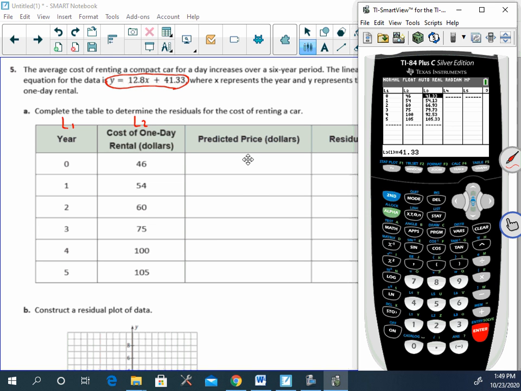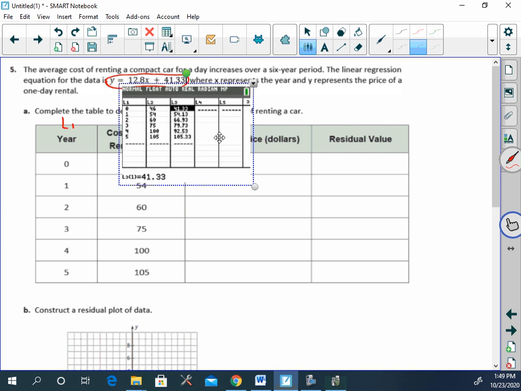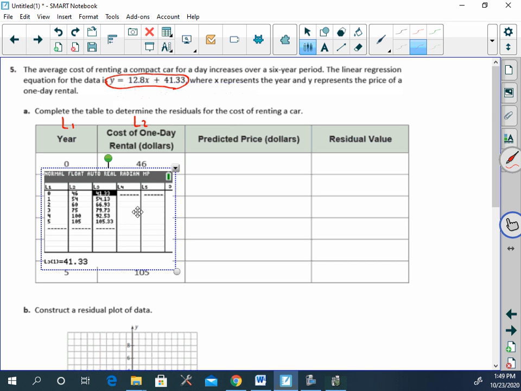So all of those numbers will get written here. And then the residuals, so let me just drag this, let's get them written down before we get too far ahead of ourselves. Okay, so the first one there was 41.33.